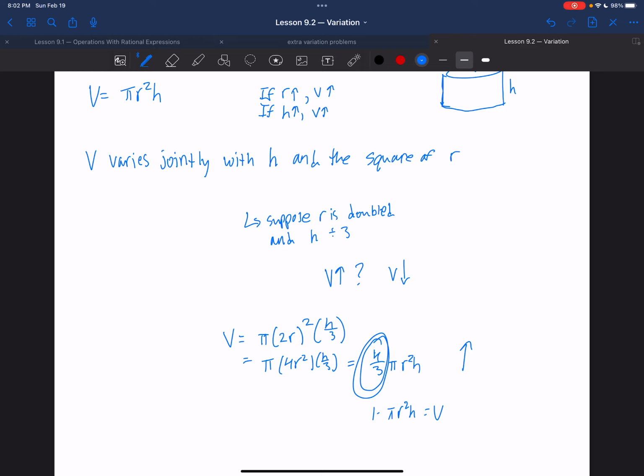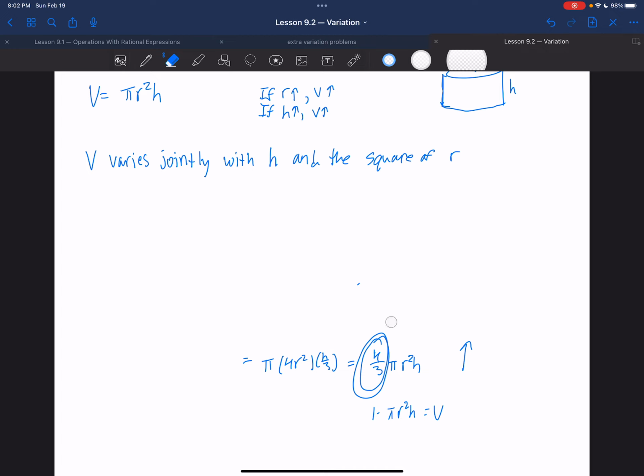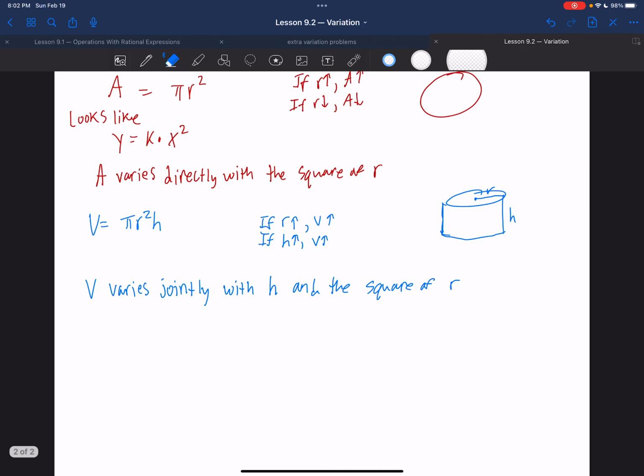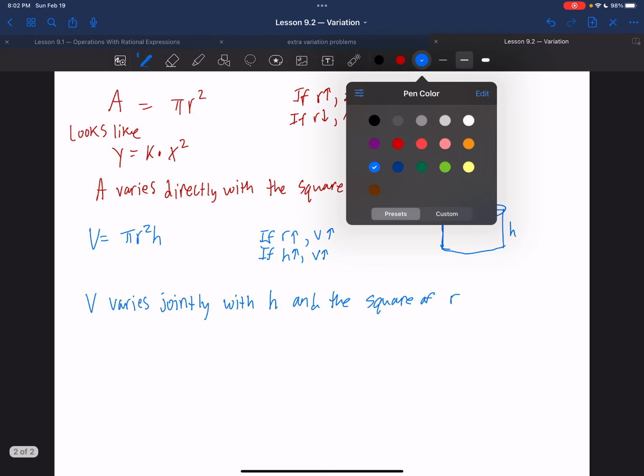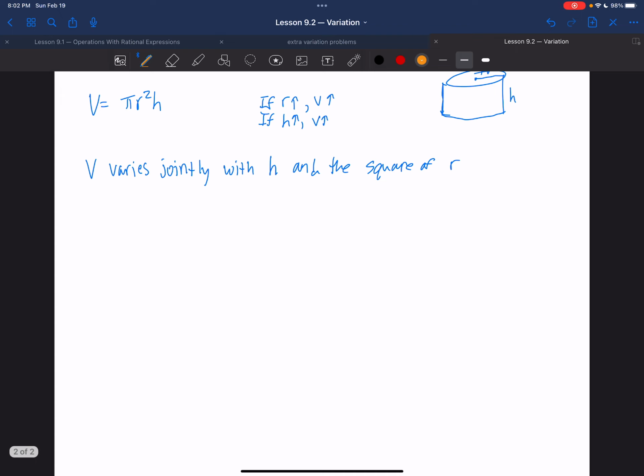Yes, one went up and the other went down, but doubling r has more of an impact than dividing the height by 3, so that one takes over. I hope I've explained that well enough, but if not, just ask me or leave a comment. I can start responding to comments, that might be fun.